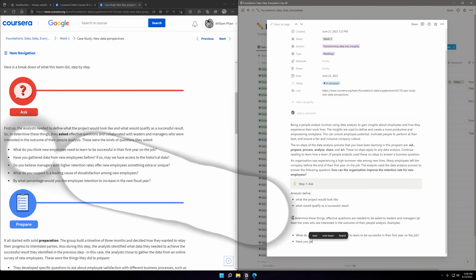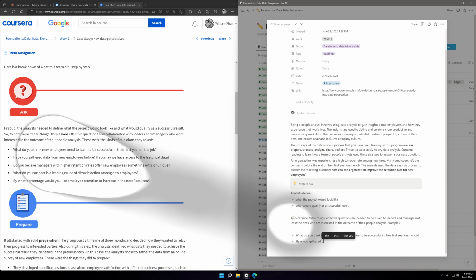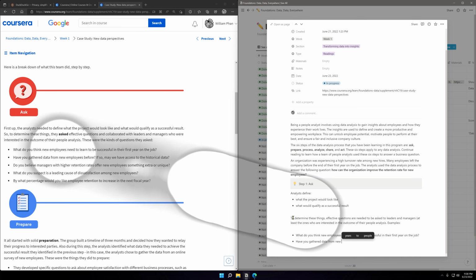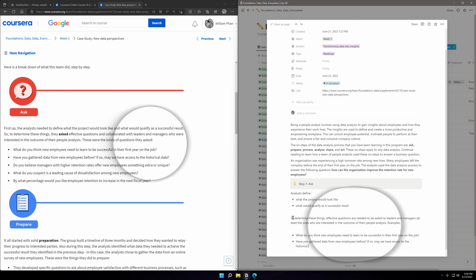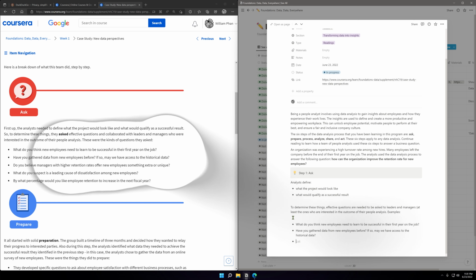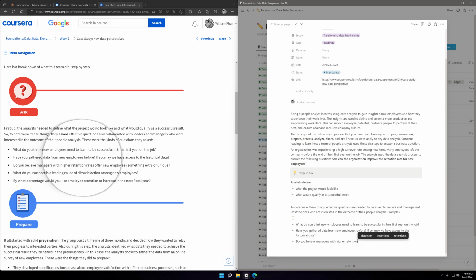Have you gathered data from new employees before? If so, may we have access to the historical data? Do you believe managers with higher retention rates offer new employees something extra?